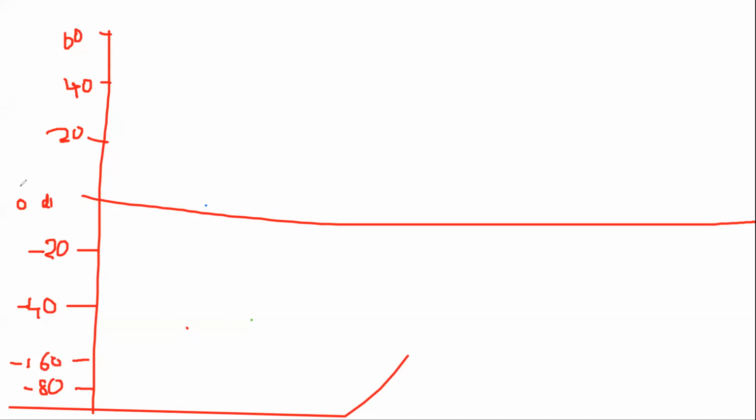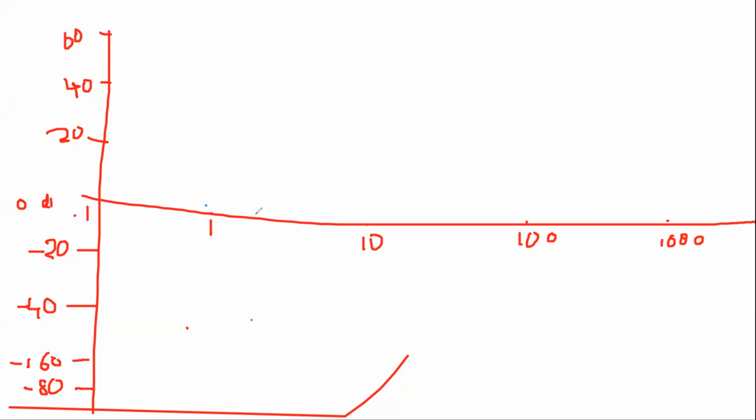By looking at the top, you know that this is 0.1, this is 1, this is 10, this is 100, and this is 1000. In between, you know that 0.1 to 1 is a decade, 1 to 10 is a decade, 10 to 100 is a decade, 100 to 1000 is a decade.